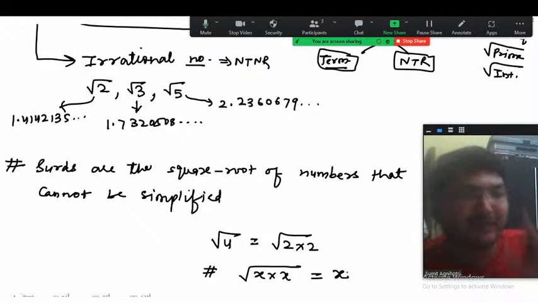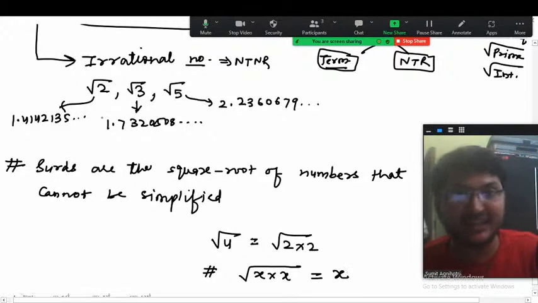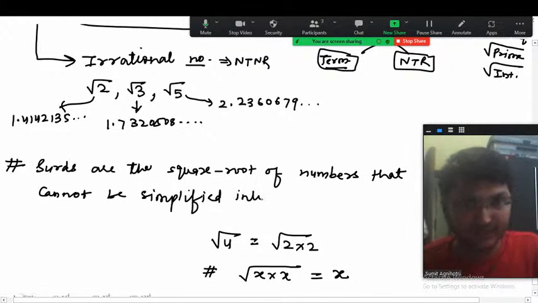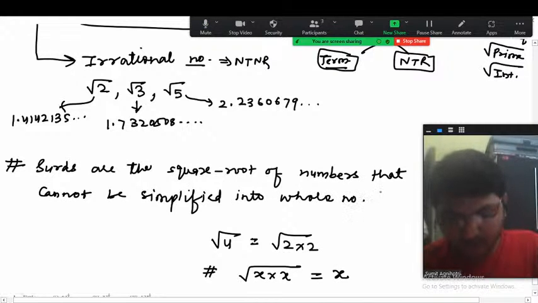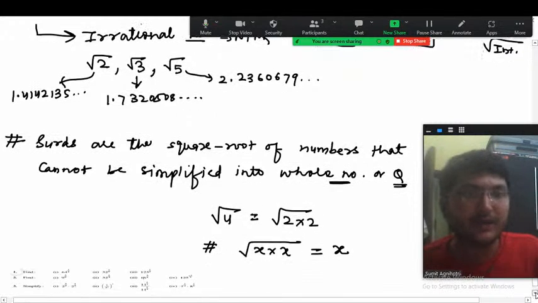If you have a perfect square inside the square root, you will get an integer. That is why we are saying surds are the square roots of numbers that cannot be simplified into a whole number or integer, or rational number. We can't simplify them.